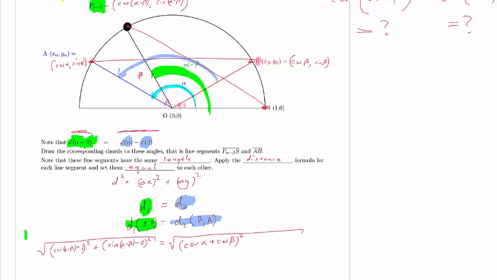Quantity squared. And then for delta y, we look at the y coordinate at A first, which is sine of alpha, and then minus sine of beta. I don't know why I put a plus right there, but there we go. Minus, there we are, squared.